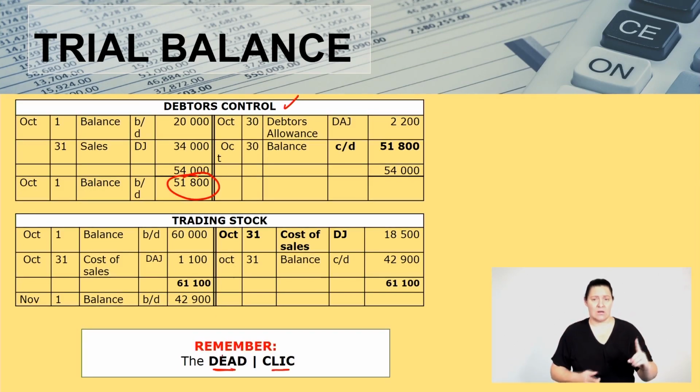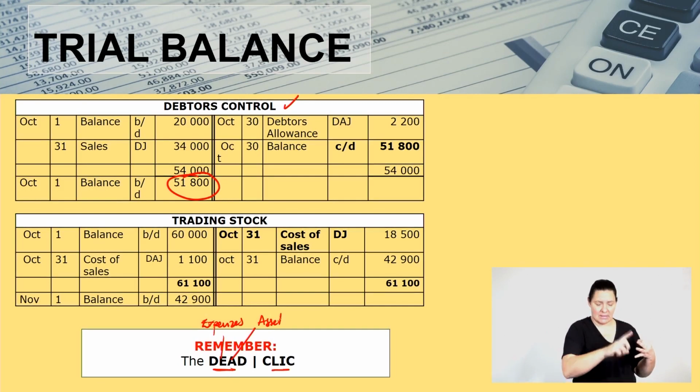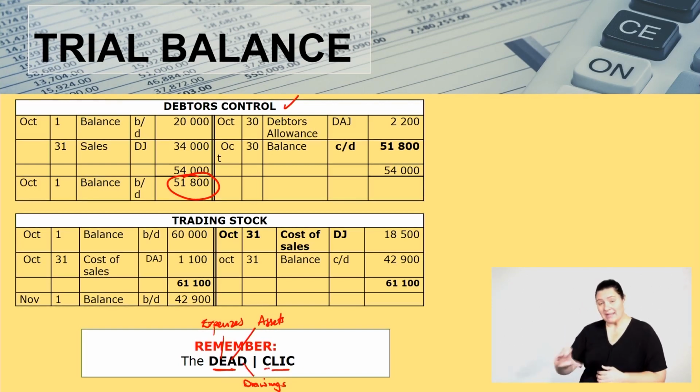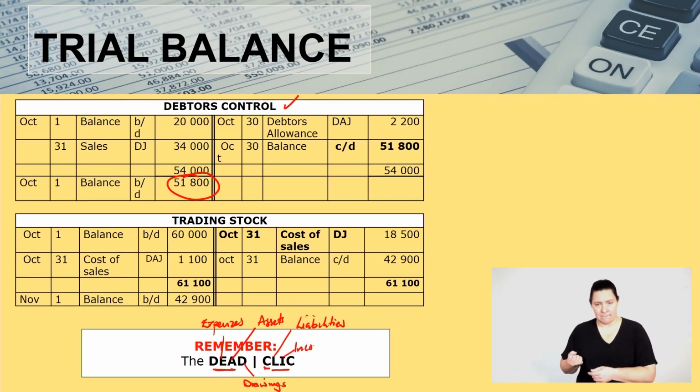We debit all our expenses, that is the E. We also debit all our assets, and we also debit our drawings, that is the last D for drawings. But we will credit our liabilities. We'll also credit our income. But lastly, we'll also credit our capital.